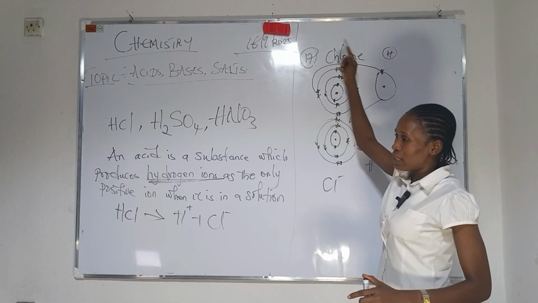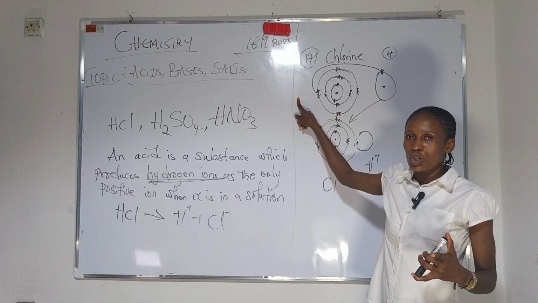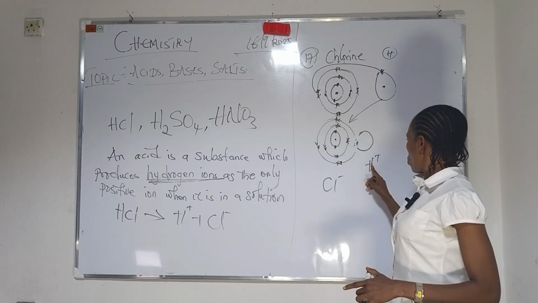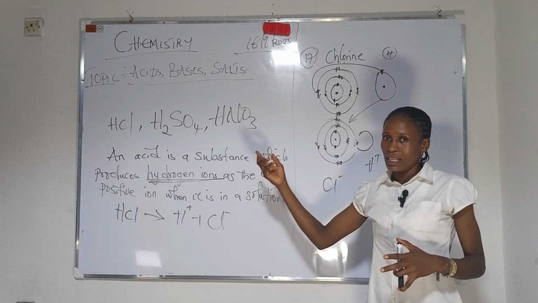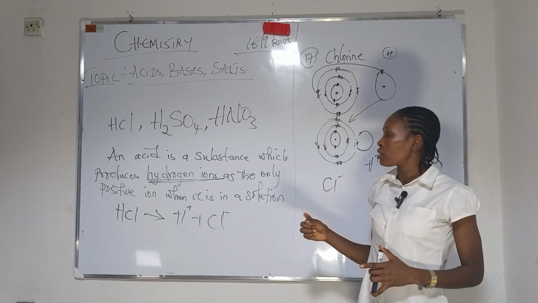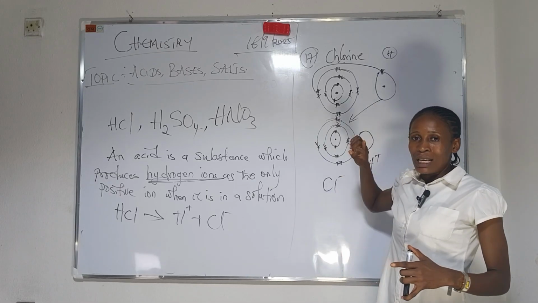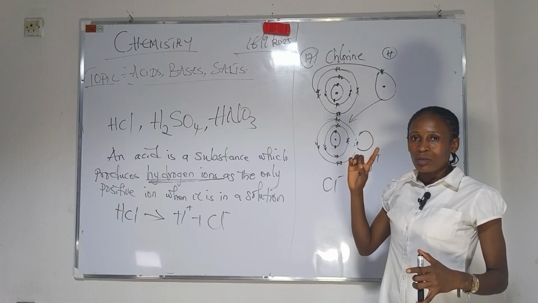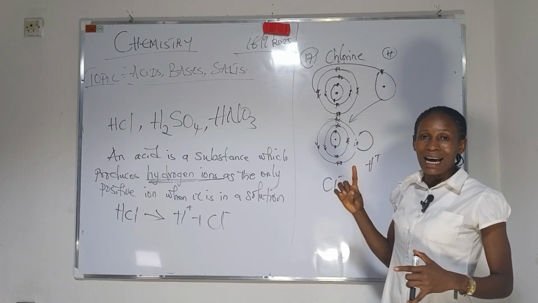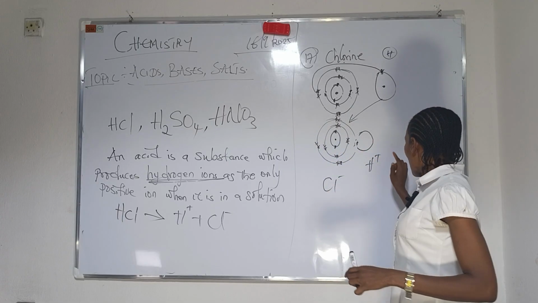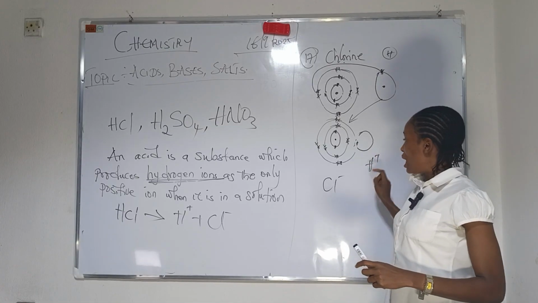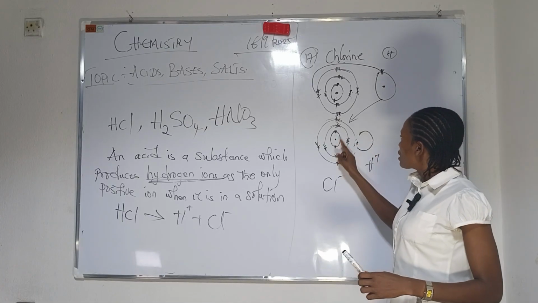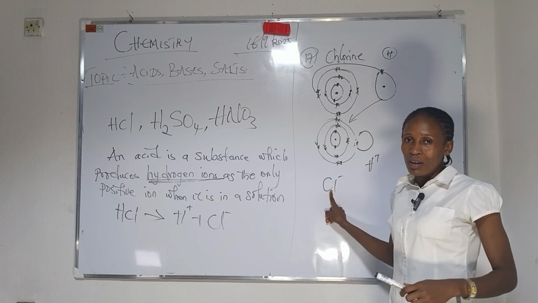Because hydrogen has released its electron. Remember, in chemistry, when an element releases its electron, it turns to an ion. Not just an ion, it turns to a cation. That is, it has a positive charge, while the one that is collecting it will go with negative.